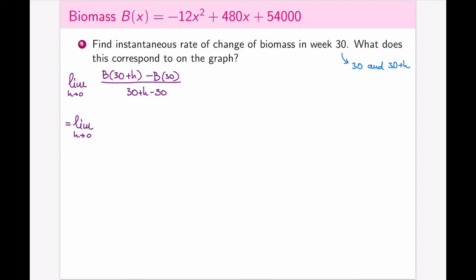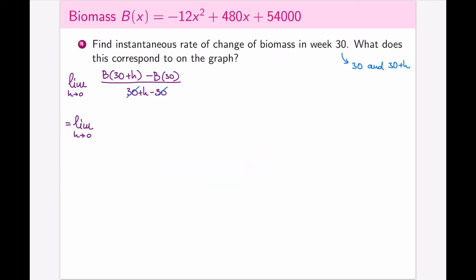Now notice as before that 30 in the bottom cancels immediately. And then the next thing I have to do is plug in 30 plus h everywhere I see x to get the first term, and then minus, plug in 30 everywhere I see x to get the second term. Pause the video and actually plug things in for yourself to see how they will go.